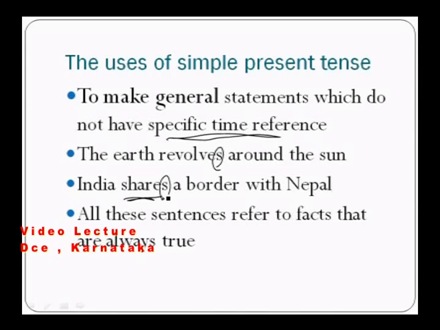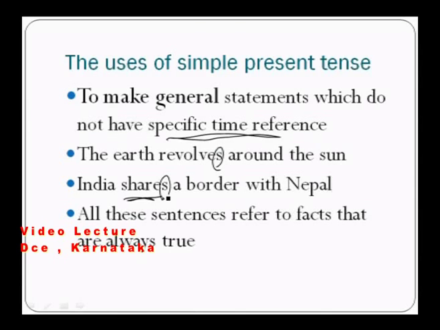There is no specific time reference here. But it suggests a time span extending infinitely into a remote past and a distant future.